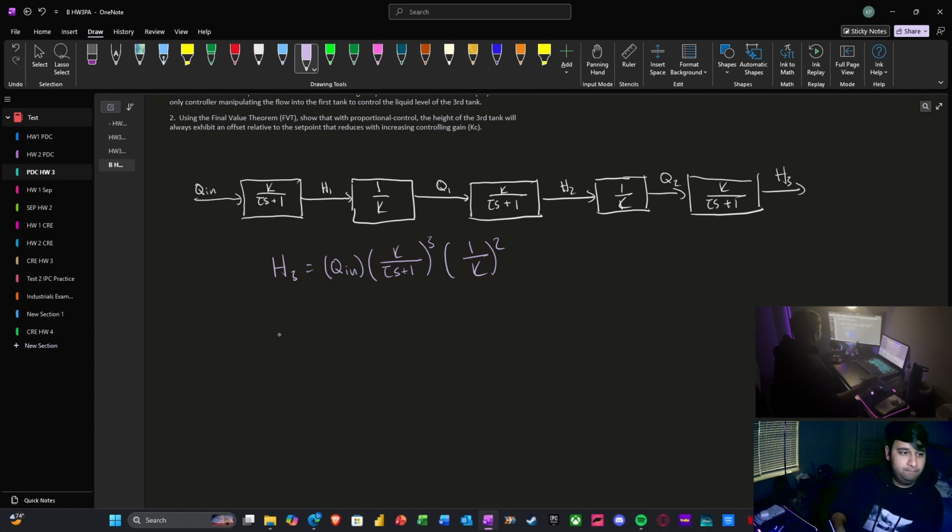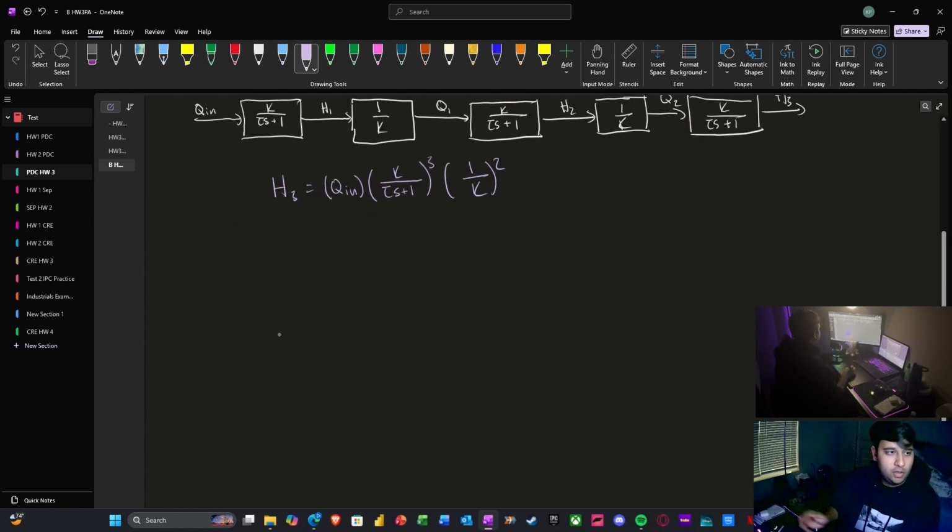And then how we're going to rewrite this problem to suffice our problem statement, we also need a controller. So we have our Q in and we have our controller.